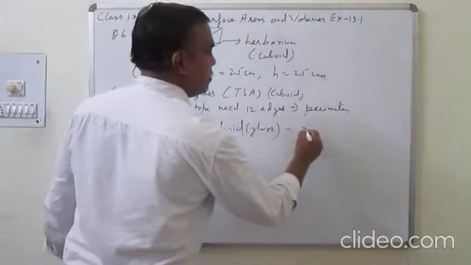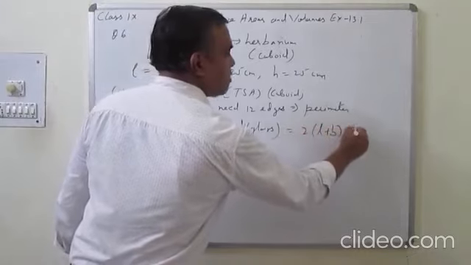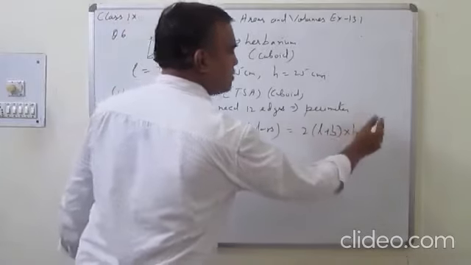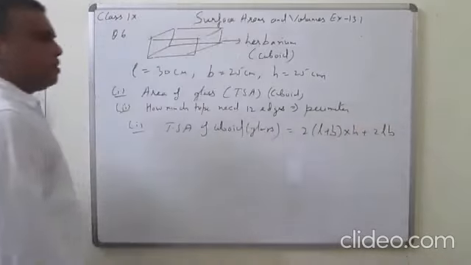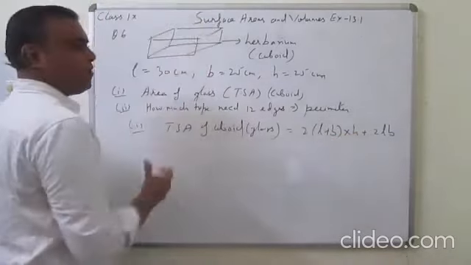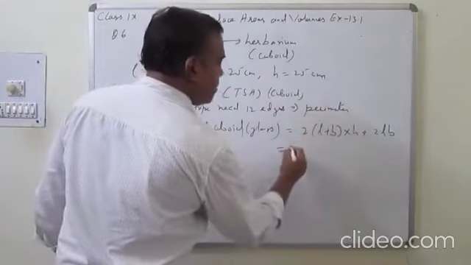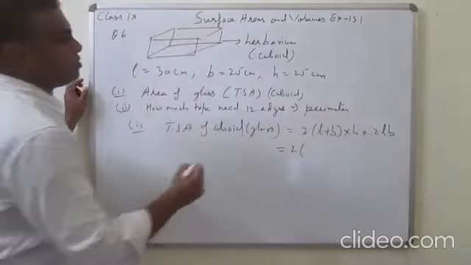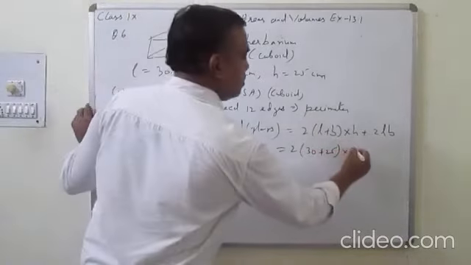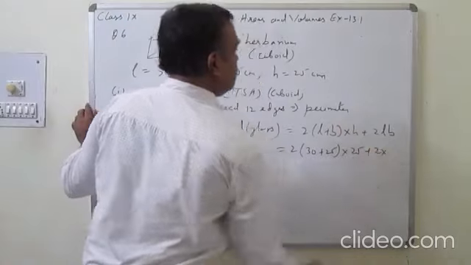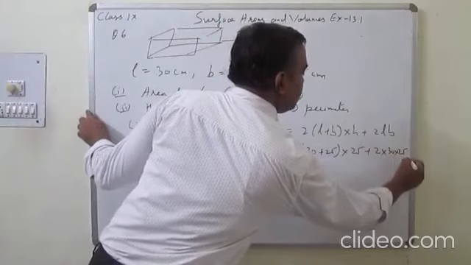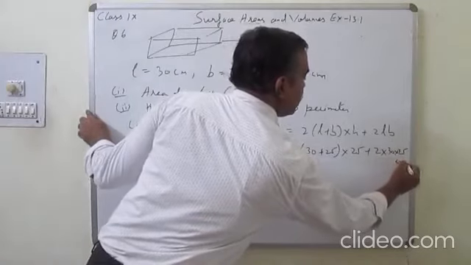This is the formula: area of four walls plus 2LB. If we add ceiling and floor to the area of 4 walls, it becomes TSA, or we can apply the full formula. Now 2 into (L plus B) into H plus 2 into LB. What is L? 30 plus 25, into H, what is H? 25, plus 2 into 30 into 25 centimeter square.